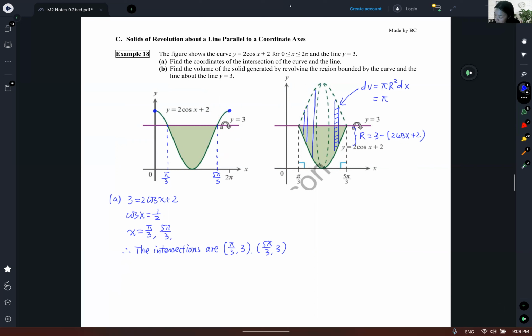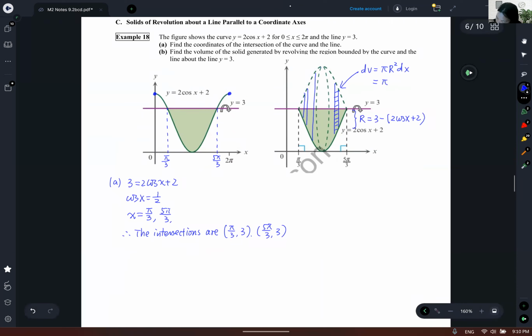If you use the green line minus the purple line, then that will be negative. Now you want R to be positive. Anyway, that means this is 3 minus (2 cosine x plus 2) dx. Now dx is still dx. And that's it.